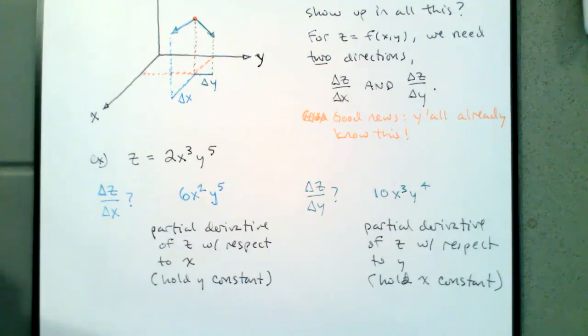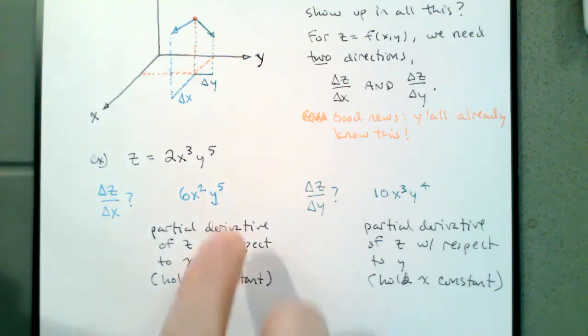But the concept is we want to know how the z is changing in the x direction. So we get to think of y as just being a constant. So I think of y to the fifth as just some number. And then when we look at the partial derivative of z with respect to y, we think of x as constant and take the derivative with respect to y. So in the first one, we did a 3x squared times 2xy to the fifth.